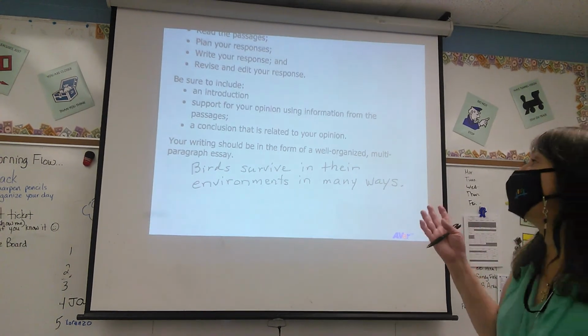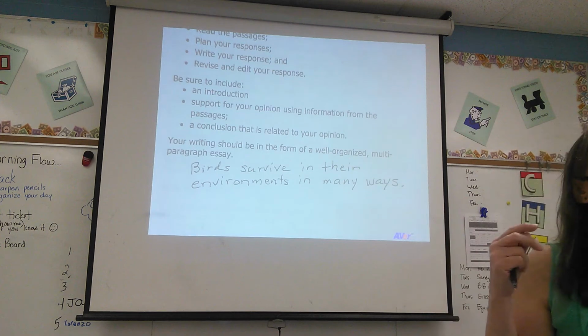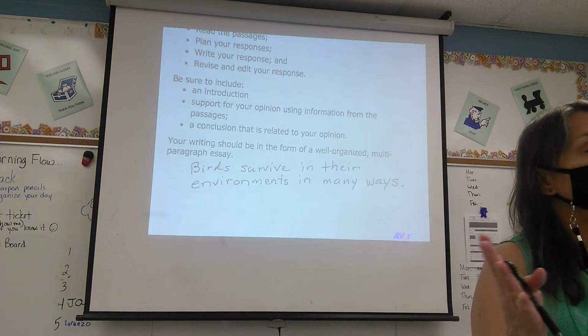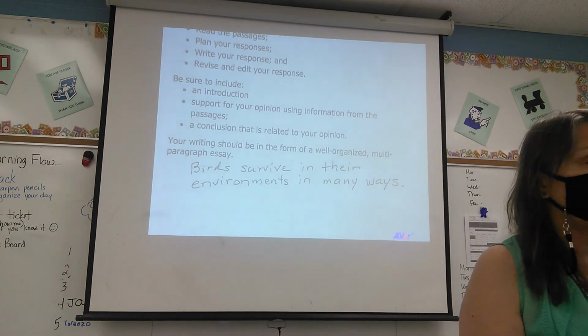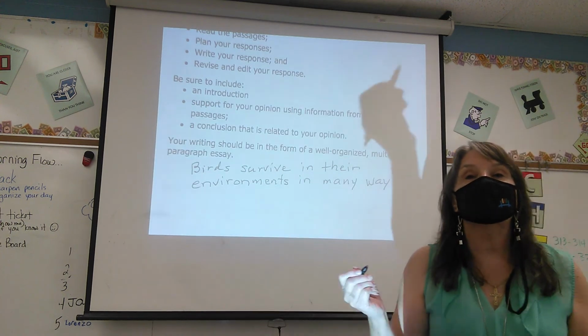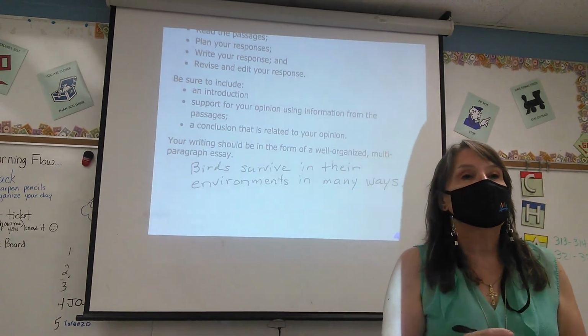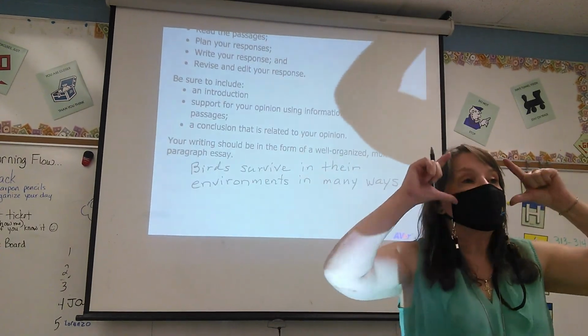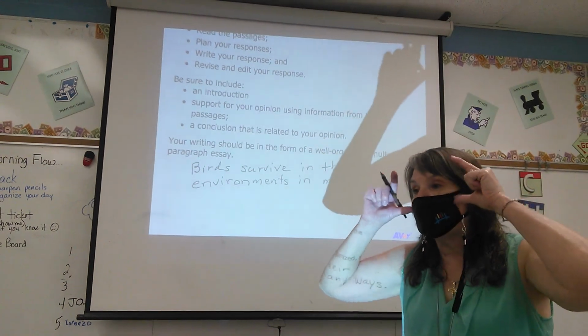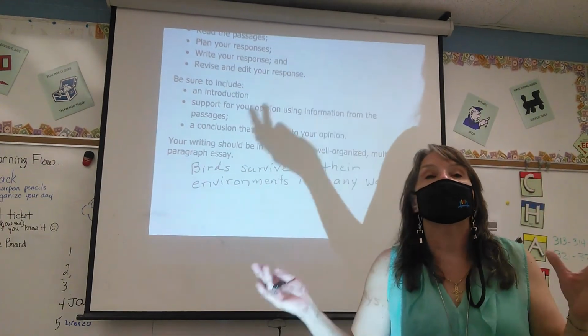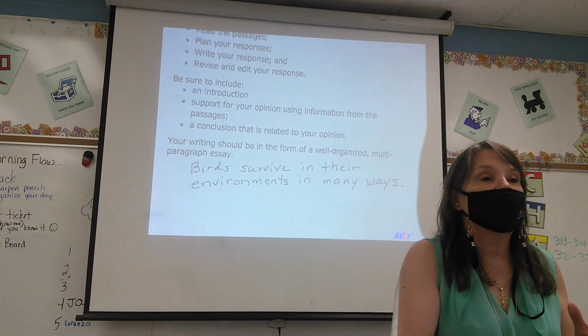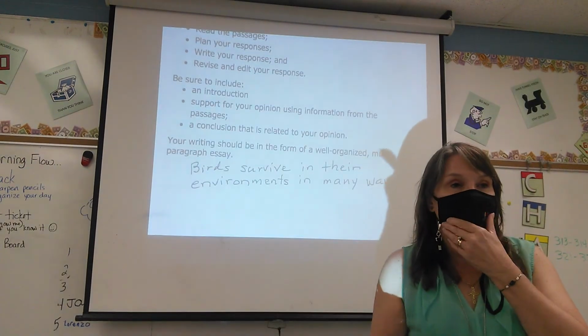Okay, so once you have your thesis, and remember, this is our thesis statement. We wrote it to the prompt before we started to read because we want to have a purpose for our reading. So our lens is going to be ways that birds survive in their environment, right? So when we read the text set, that's what we're looking for, okay?